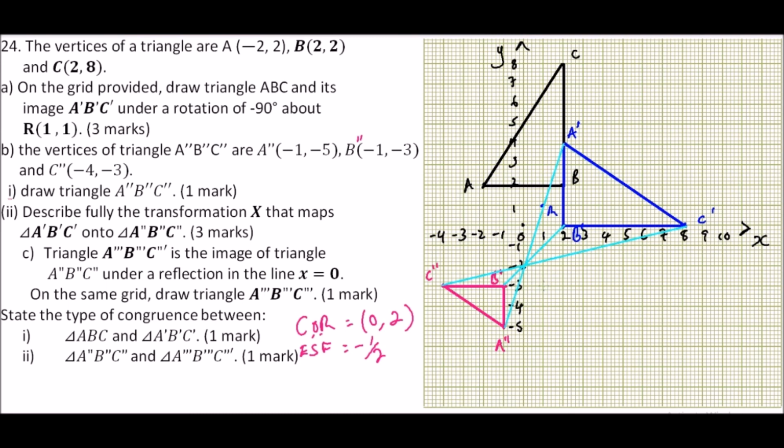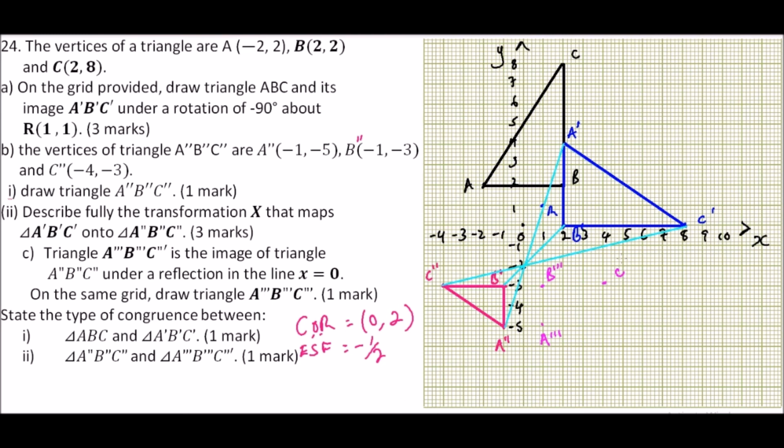So this is our B triple prime. Then we get our A triple prime opposite the X-axis, and then we have our C. You count 4 squares from the line of reflection, so 1, 2, 3, 4. That is where we have our C, and we join the 3 points to come up with a triangle.